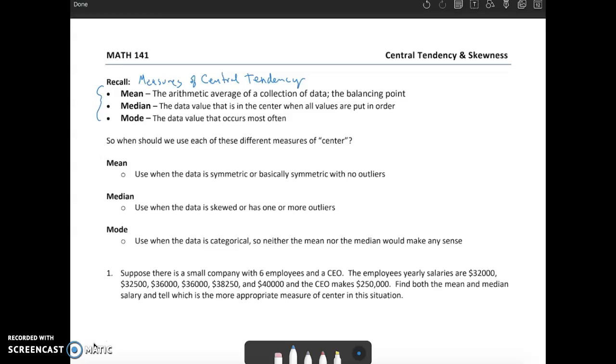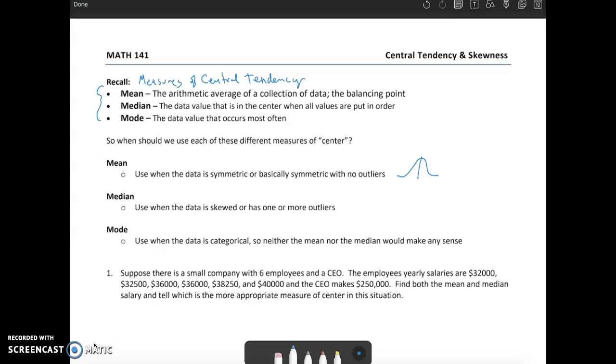Then the question arises is, when should you use each of these different measures of center? Like, when is one more appropriate than the other? So the mean is best used when your data is symmetric or basically symmetric with no outliers. So something pretty symmetric. That is when we would like to use the mean, right in the center.